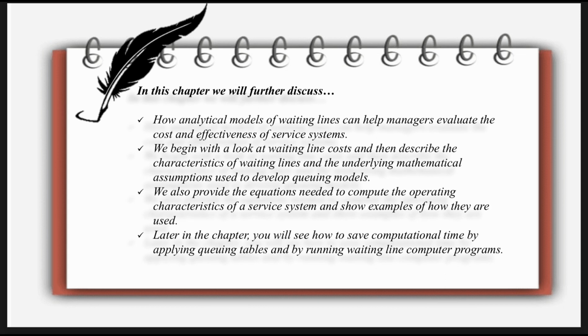We also provide the equations needed to compute the operating characteristics of a service system and show examples of how they are used. Also, in this chapter, you will see how to save computational time by applying queuing tables and by running waiting line computer programs.